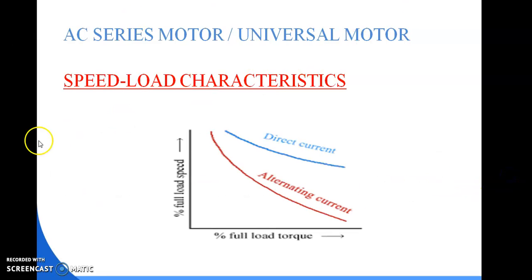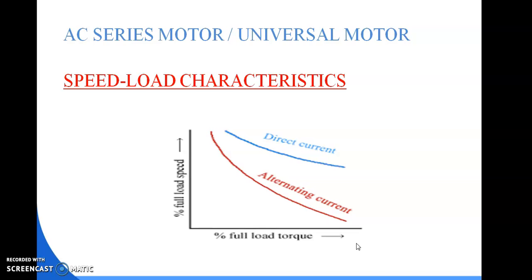Here we can see clearly the speed load characteristic of a universal motor or an AC series motor. This is the x-axis, this is the y-axis. On the x-axis we have taken percentage full load torque. On the y-axis we have taken percentage full load speed. As the name indicates, this is the graph between speed and torque.